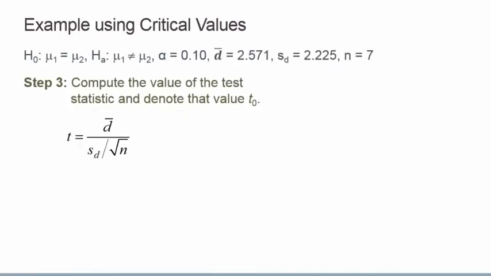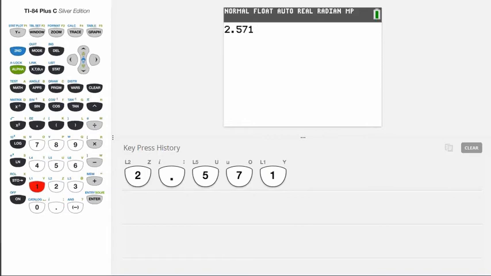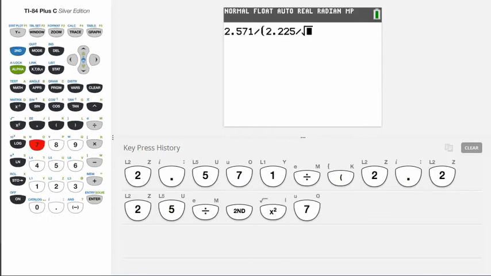We're ready to substitute into our t formula. 2.571 divided by 2.225 divided by the square root of 7. You want to be careful and make sure you have your denominator in parentheses. 2.571 divided by, open parenthesis, 2.225 divided by second, then square root, 7.